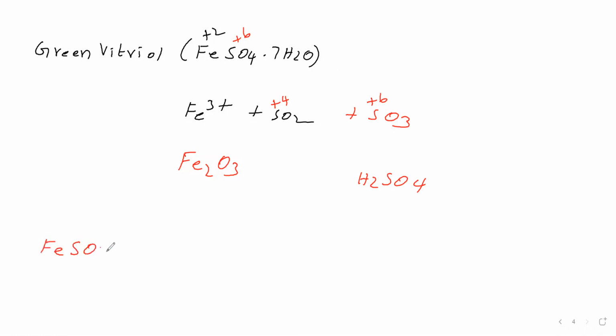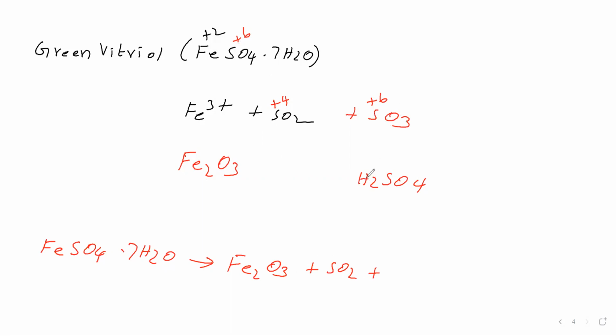So, green vitriol on strong heating: ferrous converts into ferric, and ferric converts into ferric oxide. In the sulfate, sulfur undergoes reduction, +6 becomes +4, giving sulfur dioxide. Sulfate on heating also decomposes to give sulfur trioxide.